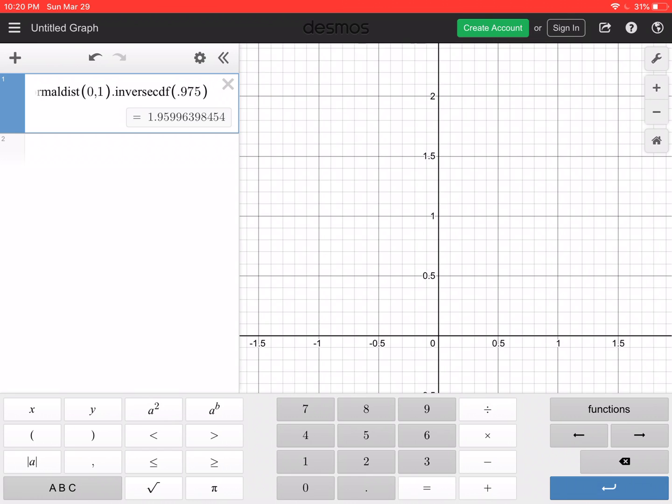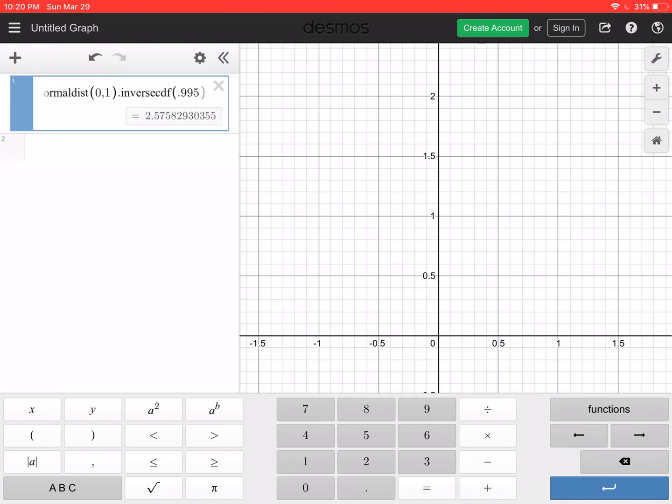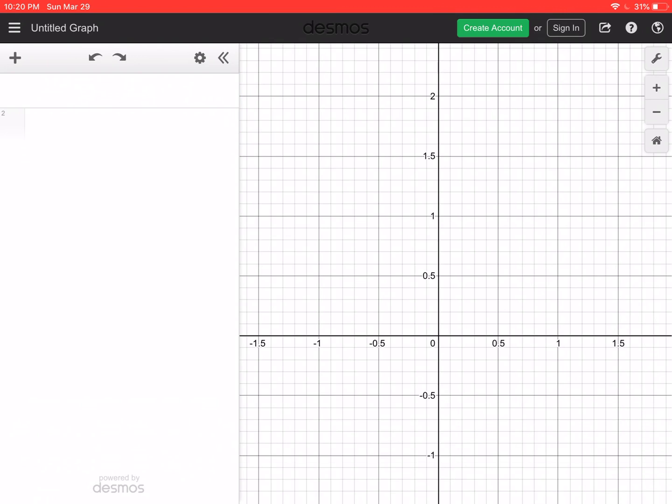So still working on the normal curve, but this time, instead of it having 97.5% beneath it, it's going to have everything except that 0.5%. So this is going to have 99.5%. Oops, of all of those values beneath it.